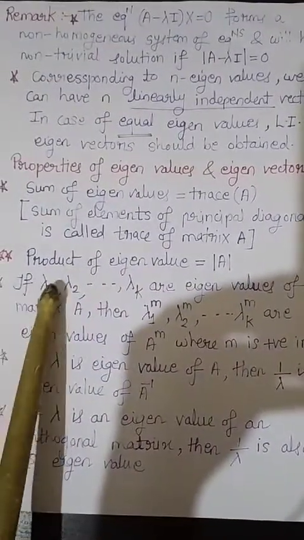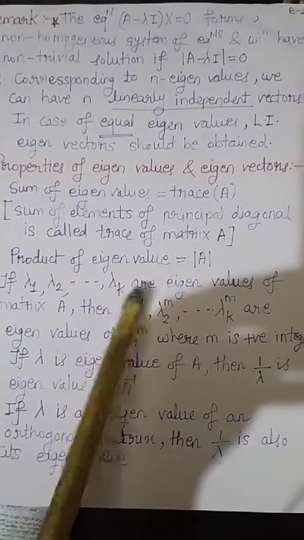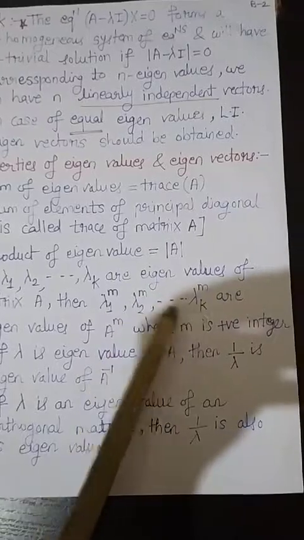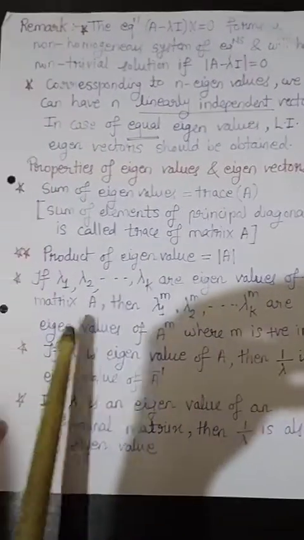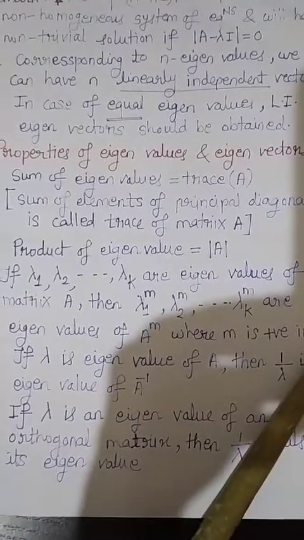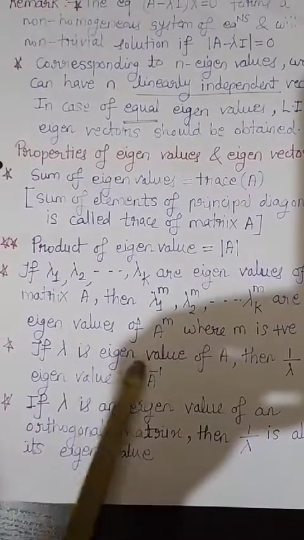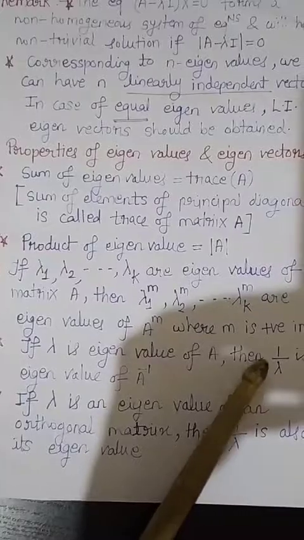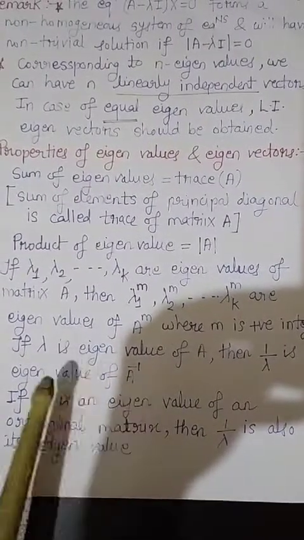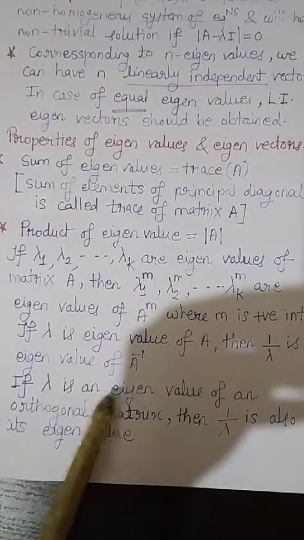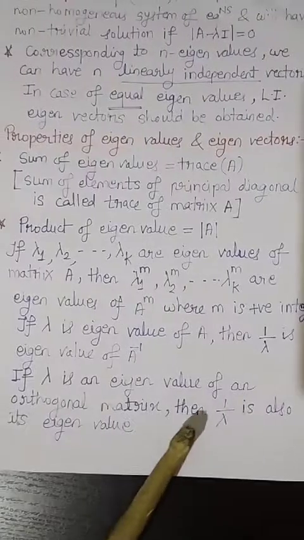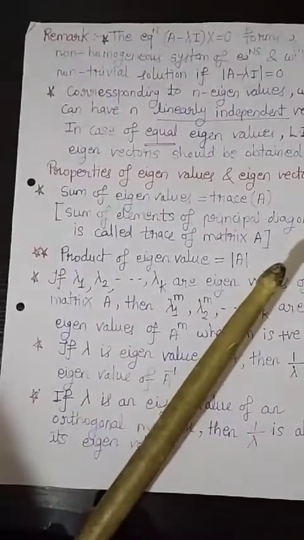Then if we have k eigenvalues for a matrix A, then lambda 1 raised to m, lambda 2 raised to m, up to lambda k raised to m are the eigenvalues of A raised to m, where m is a positive integer. If lambda is an eigenvalue of A, then 1 by lambda is an eigenvalue of A inverse. The next is, if lambda is an eigenvalue of an orthogonal matrix, then 1 by lambda is also its eigenvalue.